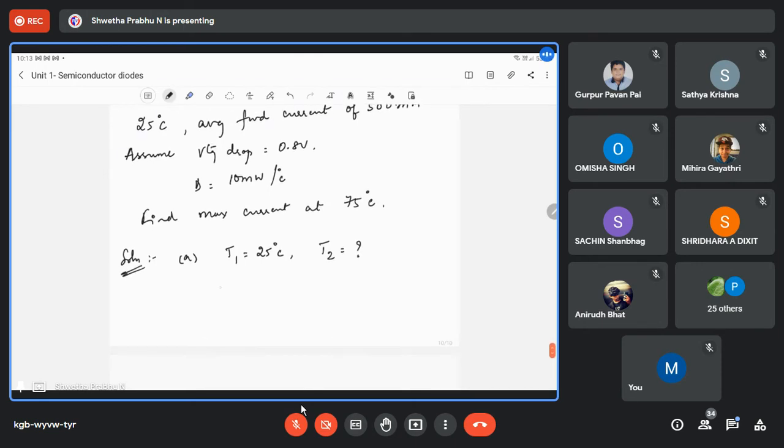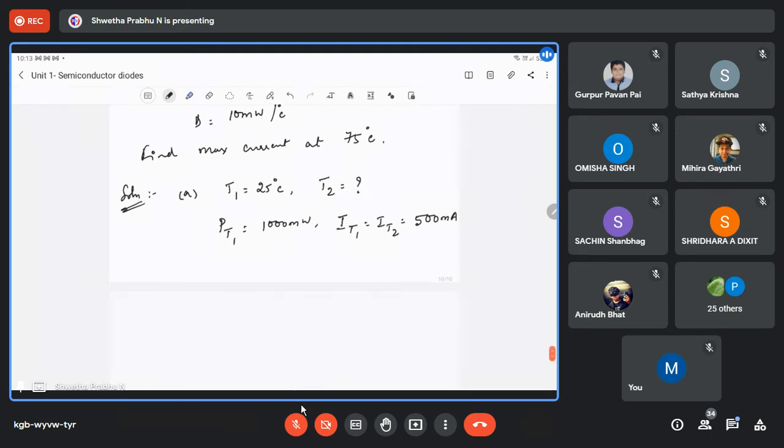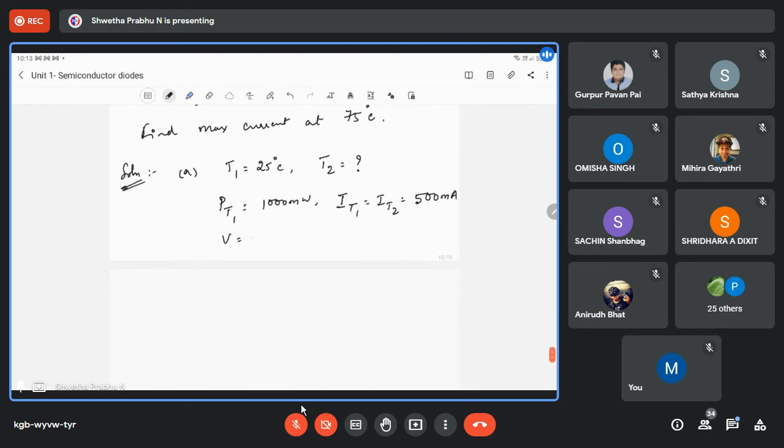So now PT1 they have given, that is 1000 milliwatt. Current remains the same at both the temperatures, that is 500 milliamperes. And even the voltage remains the same, 0.8 volts. And the derating factor, they have given it to be equal to 10 milliwatts per degree centigrade.